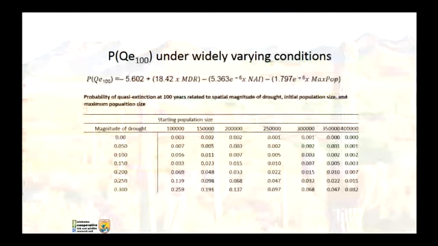So, yeah, I guess I should have a slide wrapping this up and saying that the decision makers took this information, they looked at this table and they would say things like, we can have a 30% increase in our drought frequency or our drought spatial magnitude, and at our current population sizes, we're still dealing with really low extinction risks at 100 years into the future.